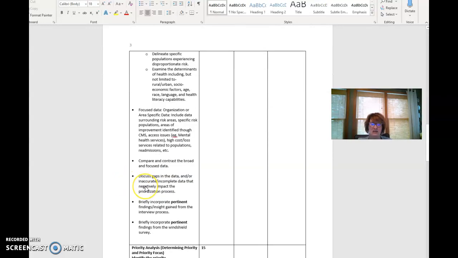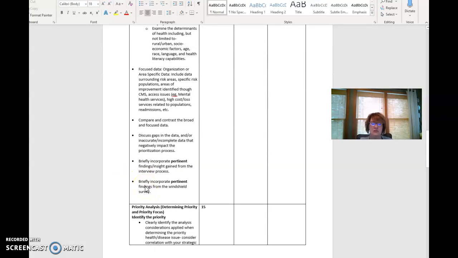So that's where we get into the focus data. So you're going to compare and contrast the broad and the focused data. You're going to identify if there are gaps in the data, and very often there are. So that's very appropriate to address as well. And incorporate pertinent findings from your interview and your windshield survey as well.